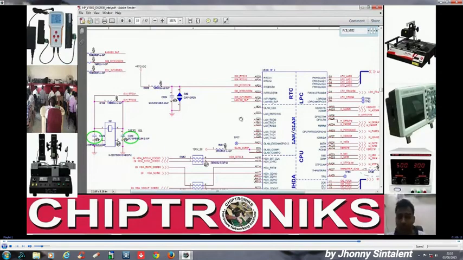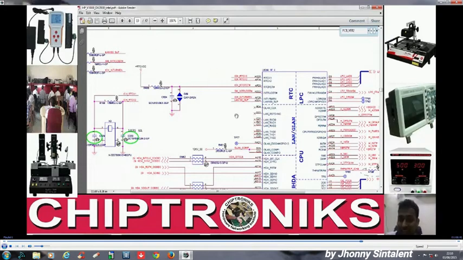So we go inside the theory, and I've already told you the conclusion: you use the probe to see the waveform over here, you will find a low swing sine wave, whereas over here the amplitude will be a little higher, and this should happen with a working RTC section.